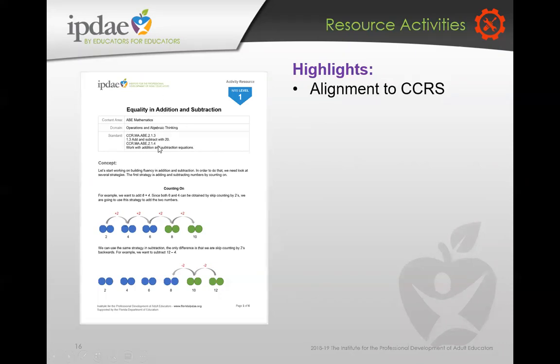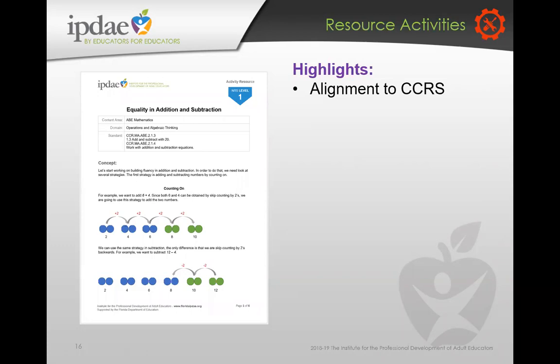At the top, towards the title, you see the title followed by what content area it is, whether mathematics, reading, or language. Then it tells you what domain in the matrix you can find this skill, and we also included the college and career readiness standards that align with this particular resource activity.